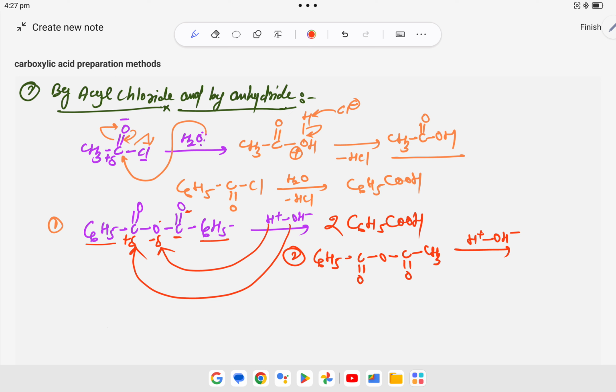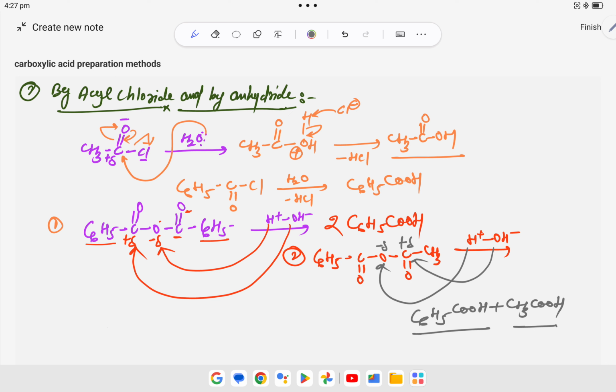Any one center you choose, it is partial positive and the other is partial negative, then H plus approaches this, OH approaches this. So what are the products now? The product is C6H5COOH and the remaining CH3COOH, a different carboxylic acid formed. So that is the method.